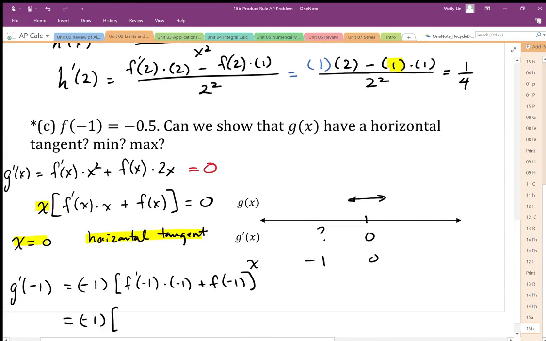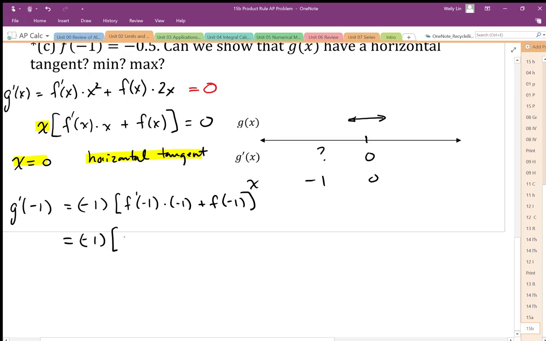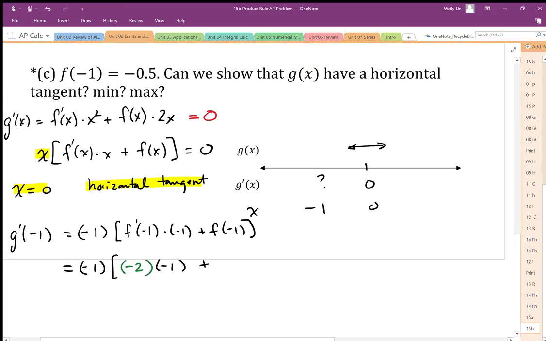So I'm going to plug that in. So f prime at -1 is equal to -2, and that's from the graph above, multiplied by -1, plus f of -1. Well, I've been given f of -1 right here. So this is my f of -1. So if I plug -1 into here, sorry, that's going to be -0.5.